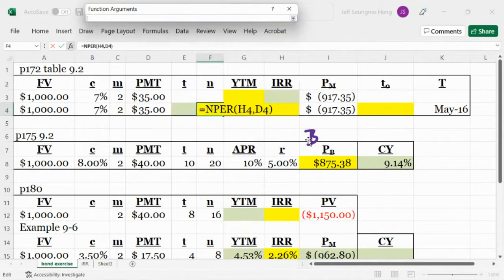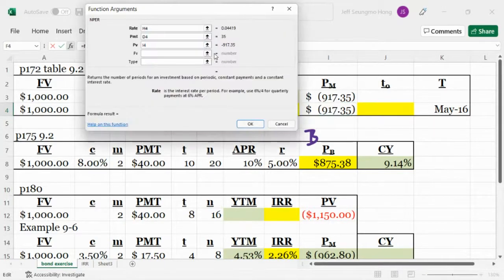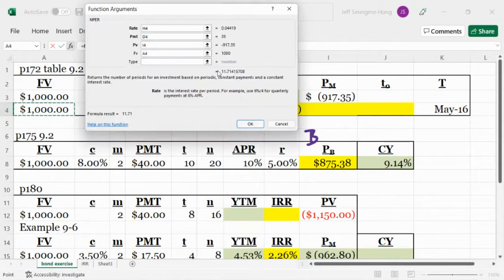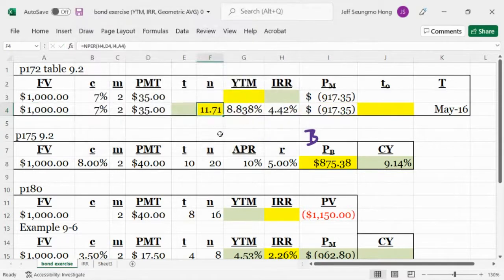Present value, this is the present value. Future value, this is the future value. Type, of course, just ordinary, so nothing to do. Here we have something: that's 11.71 semesters.